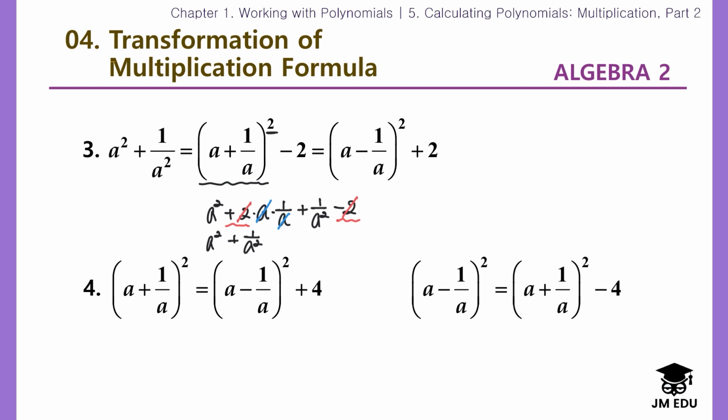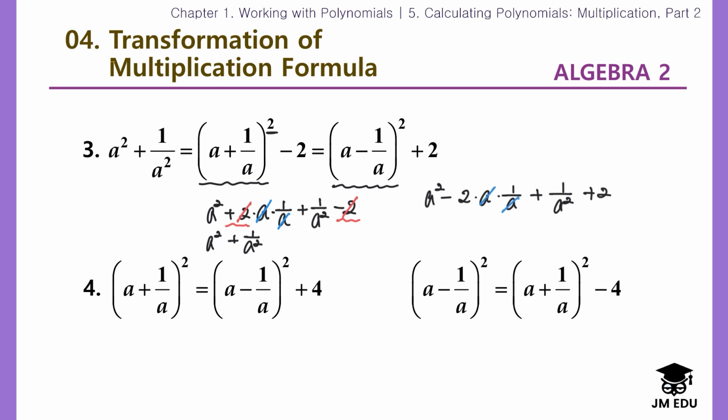Let's simplify this expression right here. Here, (a - 1/a)², that's a² - 2 times first term. Oops. First term is a. Second term, 1/a, plus the second term squared. That's 1/a², and we have plus 2 here, right? a cancels out.